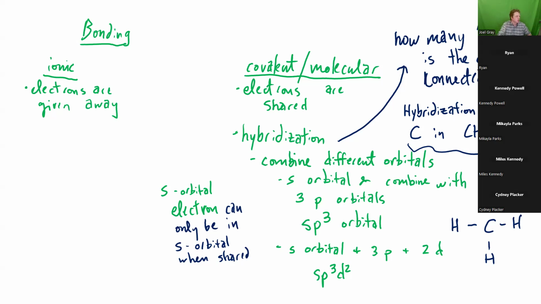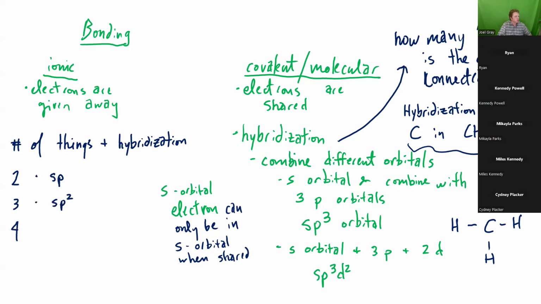Now here's the little cheat code almost. Number of things plus hybridization. So here's your cheat code. If it's connected to 2 things, it is sp. If it is 3 things, it is sp2. If it is 4 things, it is sp3.